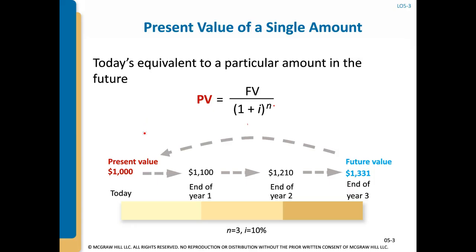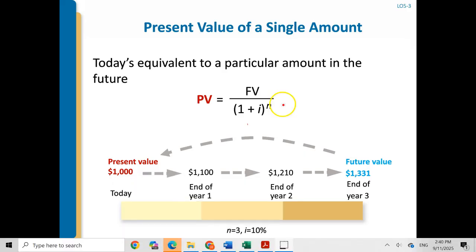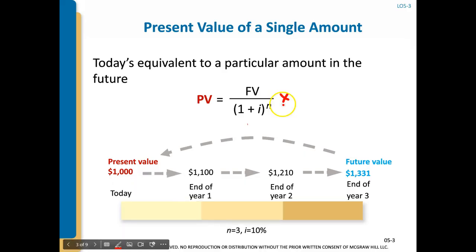If I just multiply 1 over future value, times 1 over future value, then my formula will end up being present value divided by future value equals 1 plus I to the nth.